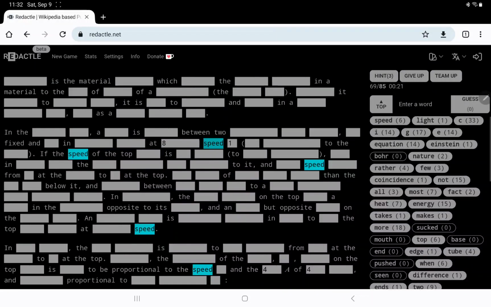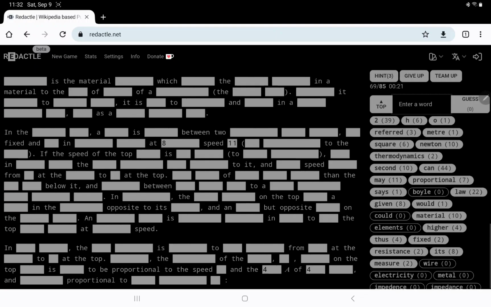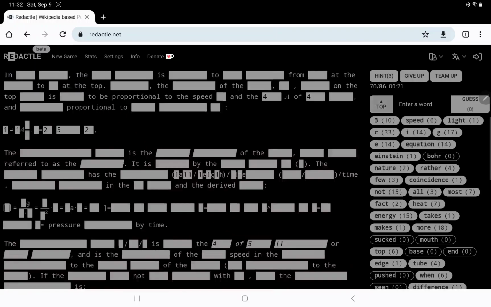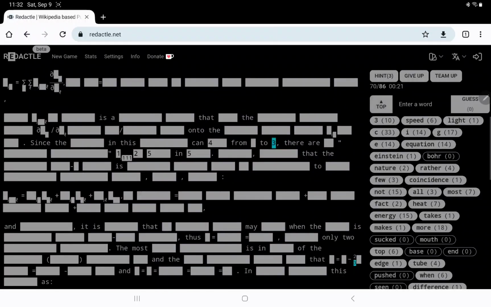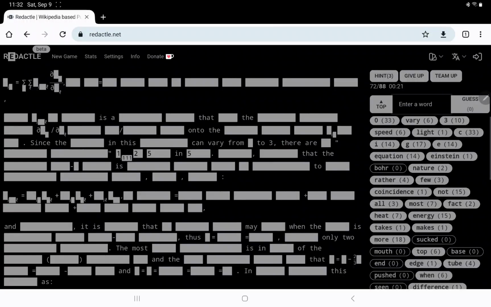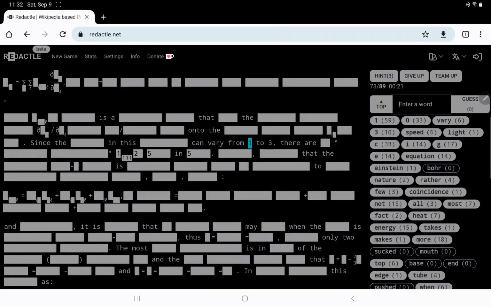At something speed, 1, 1. Let's do 2. Oh, I did that. 3. Can vary. Gonna be from 0 to 3, 1 to 3. I haven't done 1 yet.